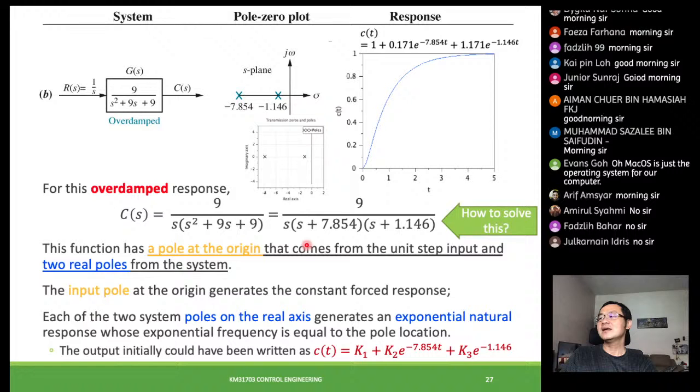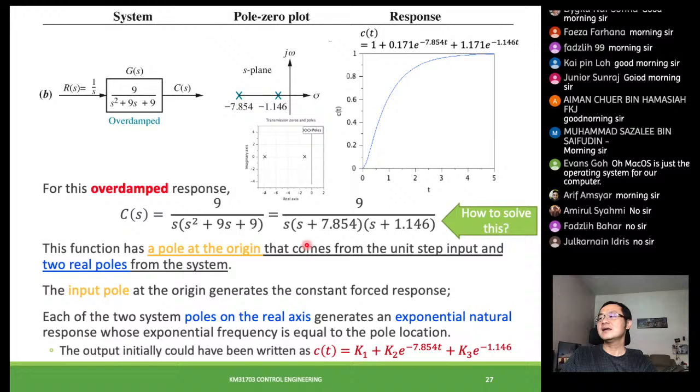And these two real poles will correspond to this exponential natural response, okay? You can write such that this is e to the minus same thing t, and then plus e to the minus 1.146 t, okay?